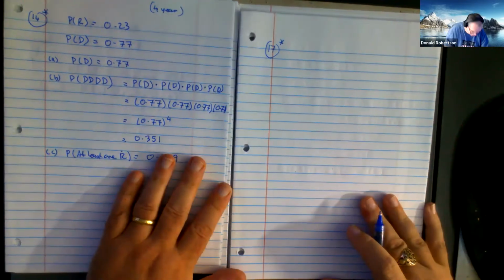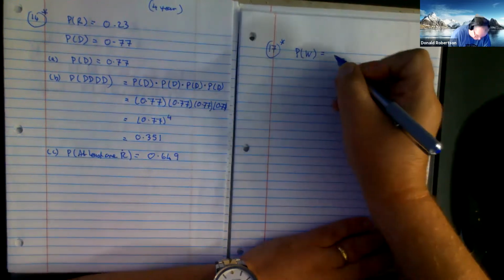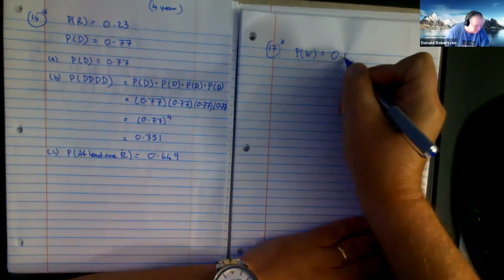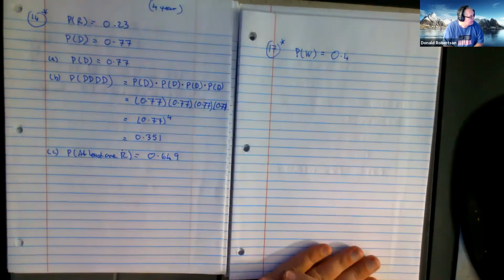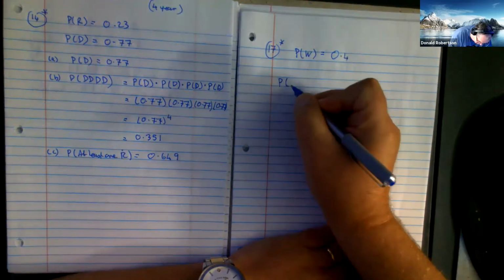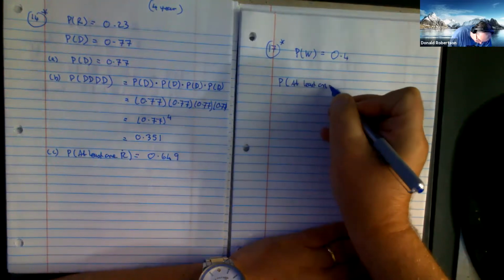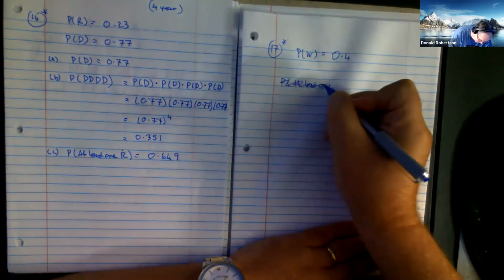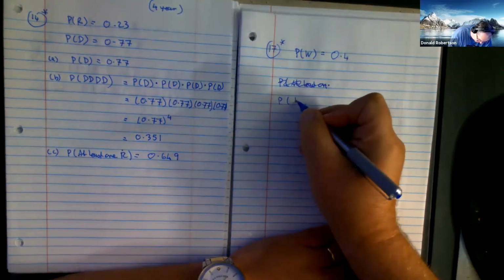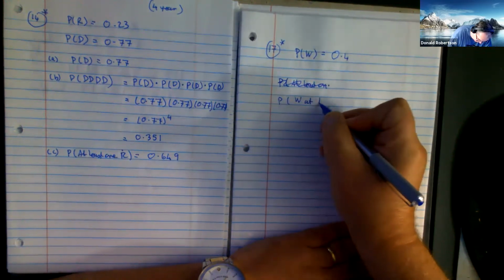In question 17, suppose the chances that you win in a casino game, maybe it's blackjack, is 0.4. And you play 4 games. What's the probability of winning at least once? Let me rewrite that again. Probability of winning at least once.